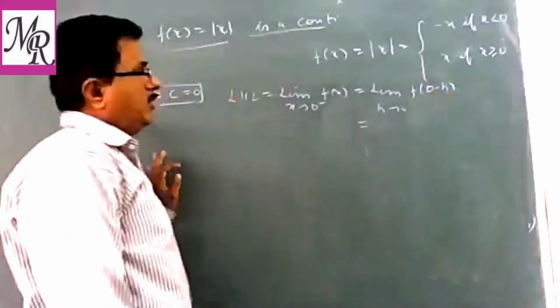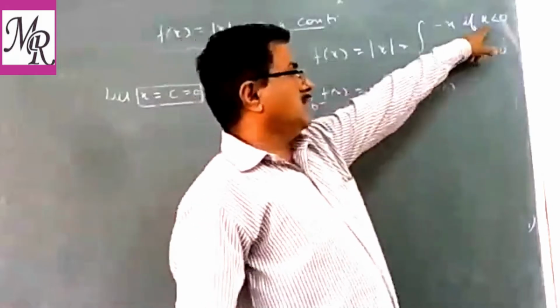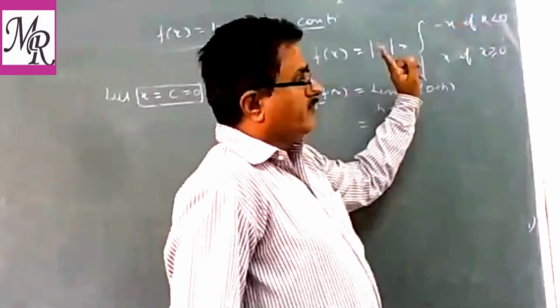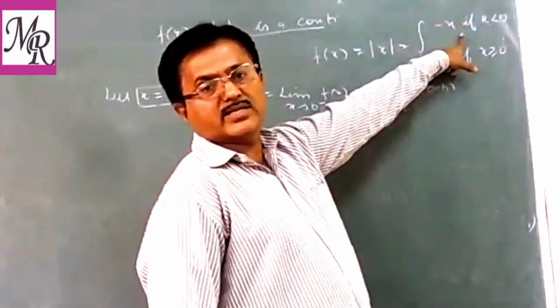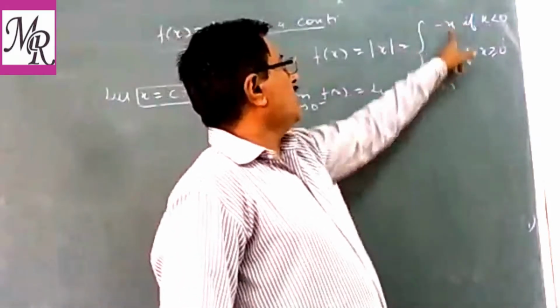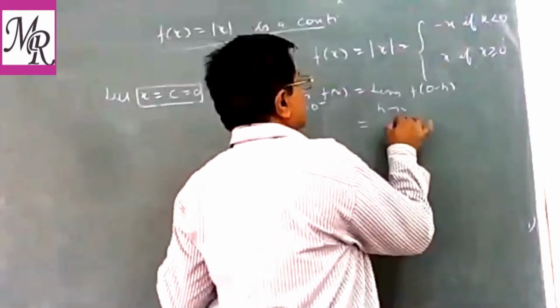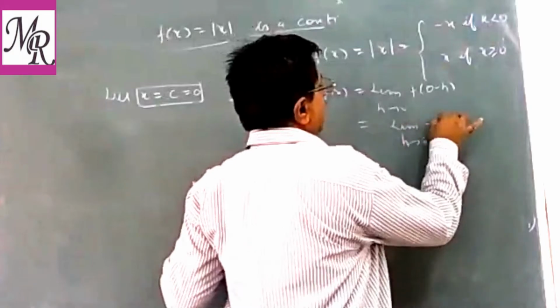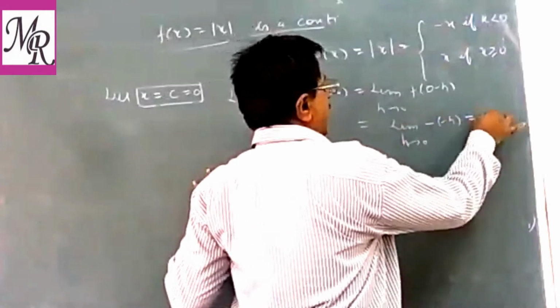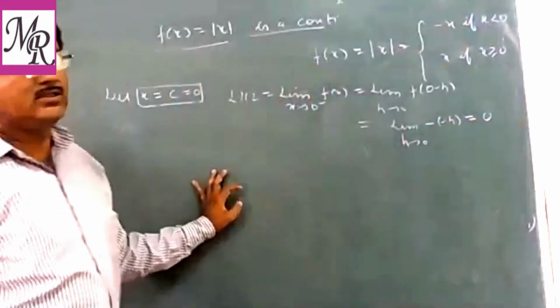Now you put the value when x is less than 0, the value of the mod function will be minus x. So we put here minus of minus h. So that is limit h tends to 0 of minus of minus h, and put 0, that is 0.